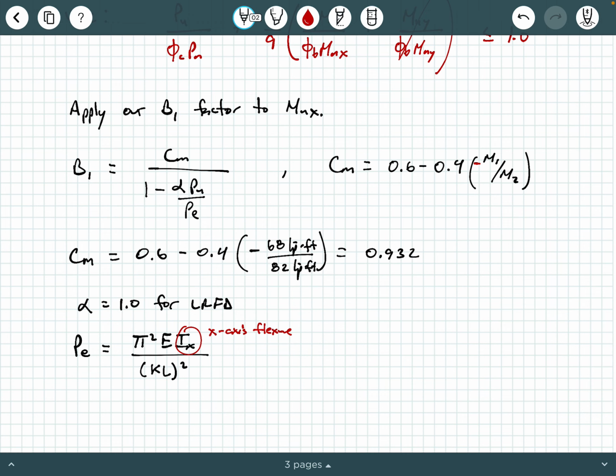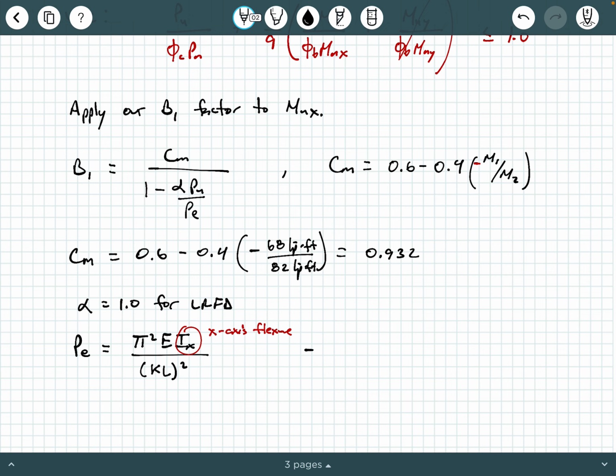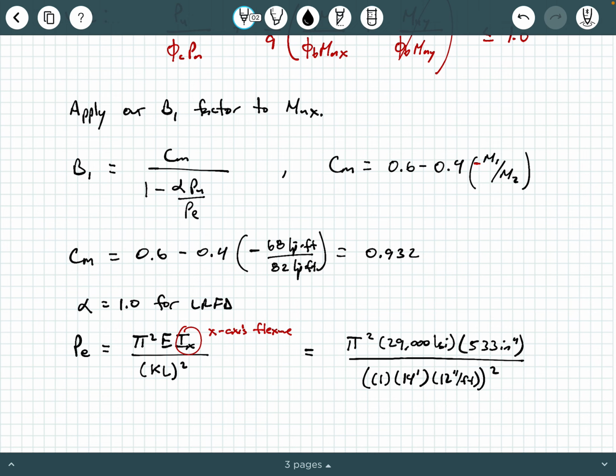That's why we have I sub x there, so be very careful. So we can go to the part 1 of the steel manual and get I sub x. So we have pi squared times 29,000 KSI times 533 inches to the 4th all over. Now be very careful here. We've got 1 times 14 feet times 12 inches per foot squared, okay? And let's see what we end up getting.